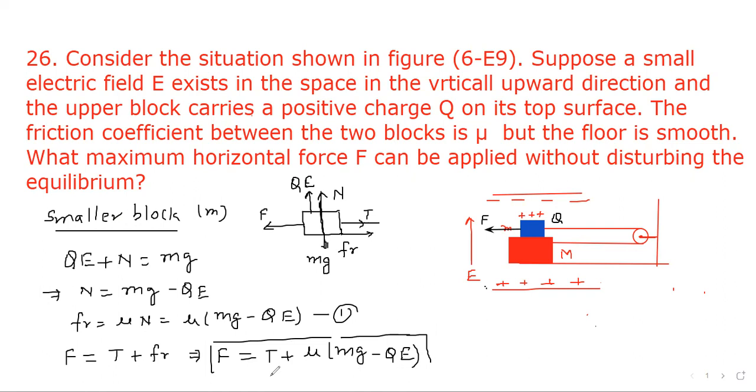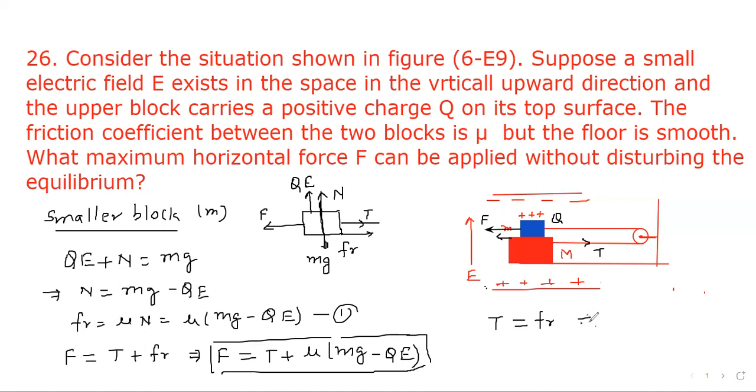Now let's consider the case of bigger block. So on bigger block, there is tension in this direction and friction will be in this direction, but the two must be equal. So T must be equal to friction, and friction will remain same as we have found here.